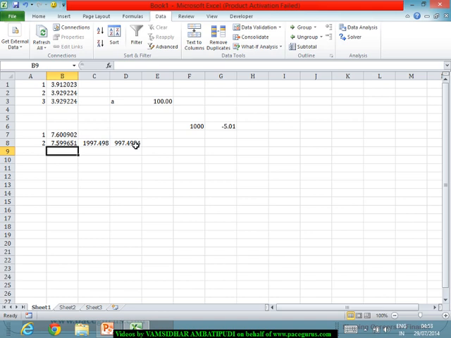Now what I am seeing is the certainty equivalent has just become half. For 2000, this has just become minus 2.50. Right, so what we are typically seeing in this case is, as the wealth is increasing, the certainty equivalent in terms of magnitude is actually decreasing.